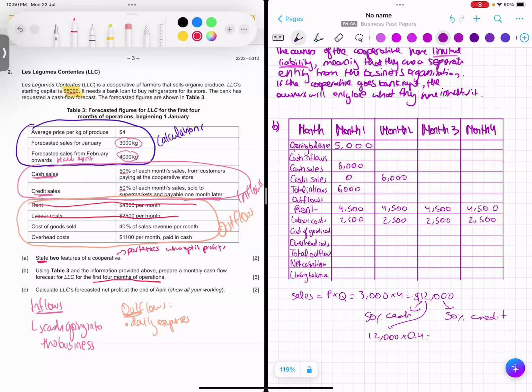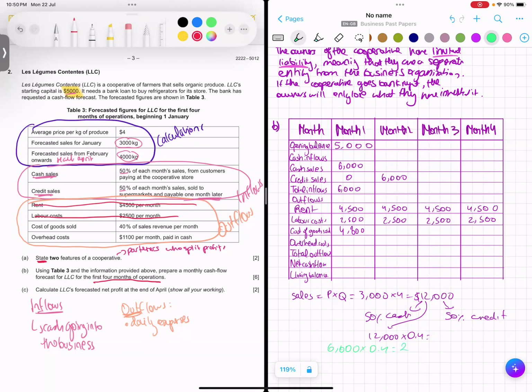This is something that confuses you, and it actually confused me when I was a student. This is a common mistake. Some students might think that the cost of goods sold should be 6,000 times 0.4, and they'd write 2,400.